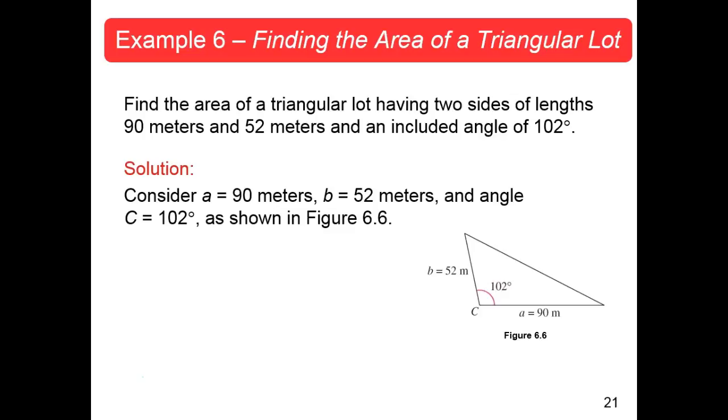Thank you very much. I didn't have to draw it. Okay? So they said A is equal to 90 meters. B is 52 meters. It looks like it's about right. And the angle C is 102 degrees. How do you find the area of that triangle? You tell me.